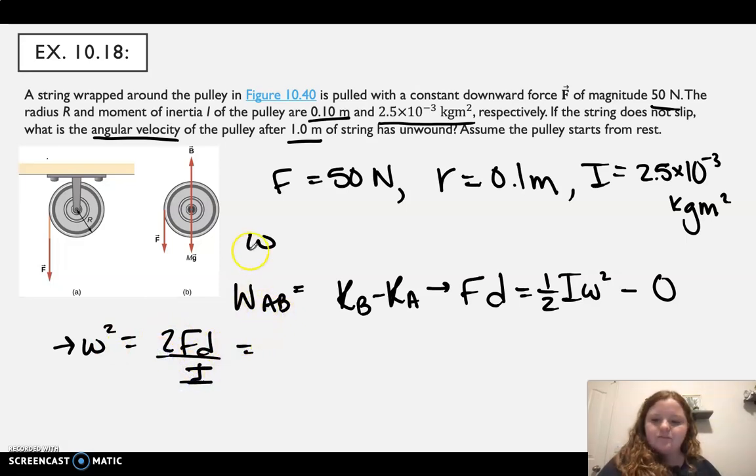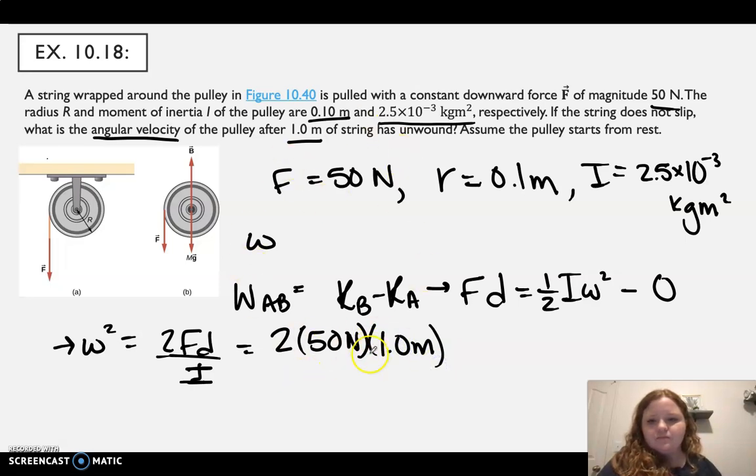So let's see. We have 2 times our force, which is 50 newtons. Then our distance, which is going to be that 1 meter, that 1 meter of string, over I, which is going to be 2.5.